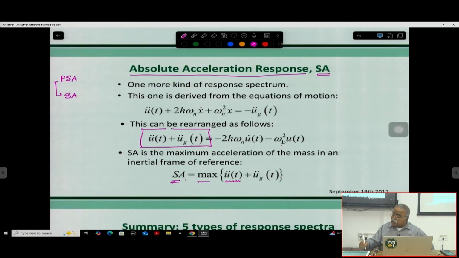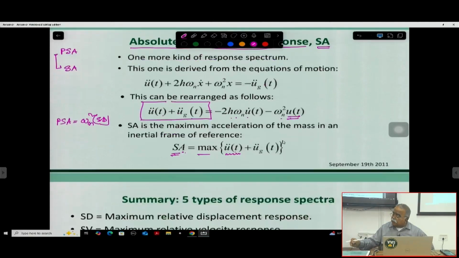Spectral acceleration and PSA, the pseudo-spectral acceleration, which is omega n squared into SD, are two different parts. For PSA you use this part only, and for SA you have to add the other part.